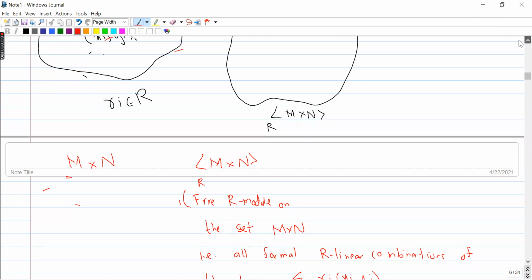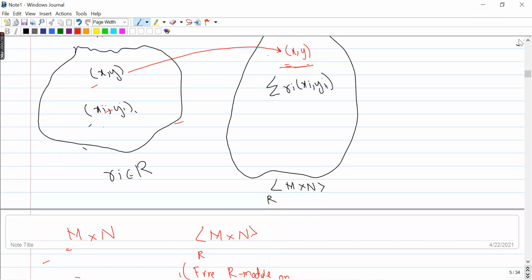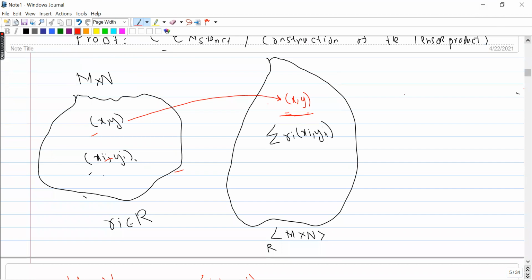So what I did for the construction, initially we have this R module M cross N. With the help of this R module, we just constructed a free module which contains all formal linear combinations which are in this form.